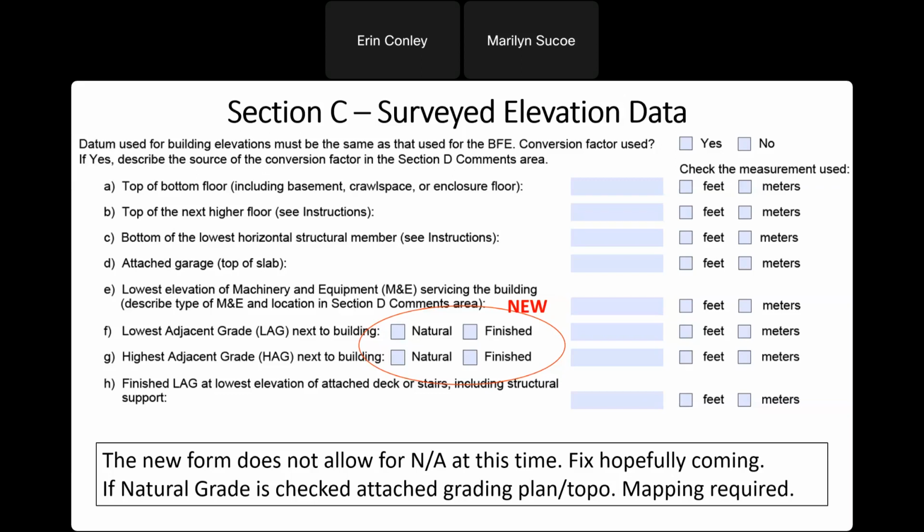Or if a home has a crawl space or a basement and it was placed on ground below the base flood elevation or in the mapped floodplain, and now they're trying to put fill around it and not provide flood openings, that again is a violation.